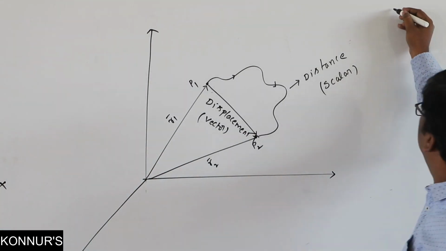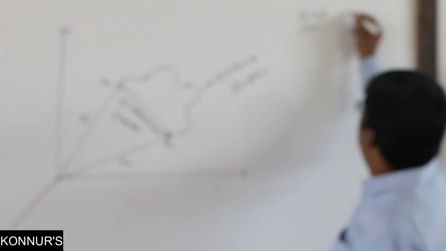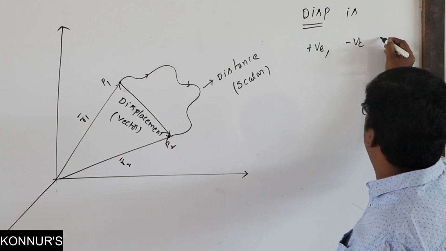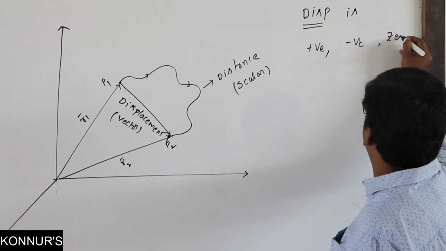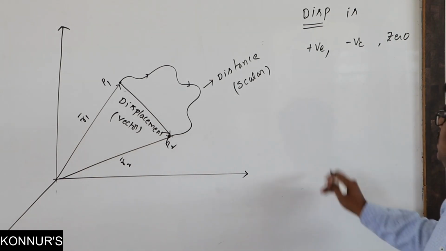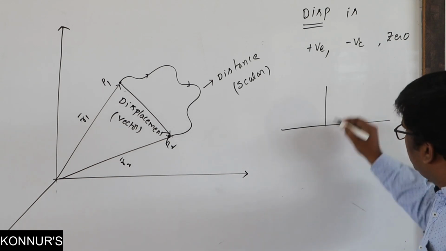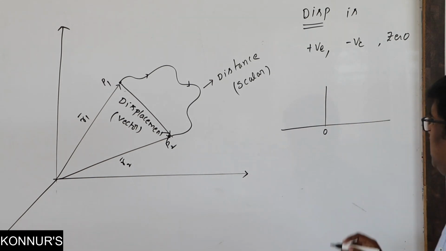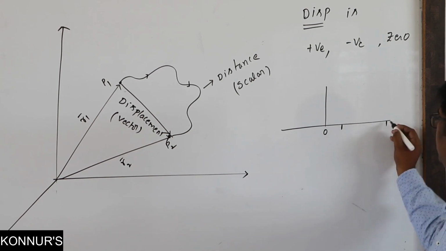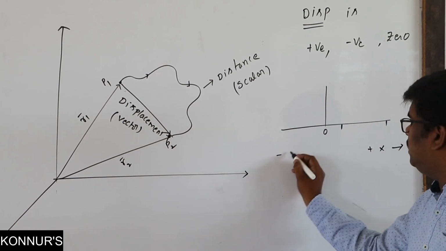So here displacement can be positive, negative or zero. Why is it positive? If the body starts from here, where O is the reference line, along the positive side, from 1 to 5, this is plus x and this is minus x.